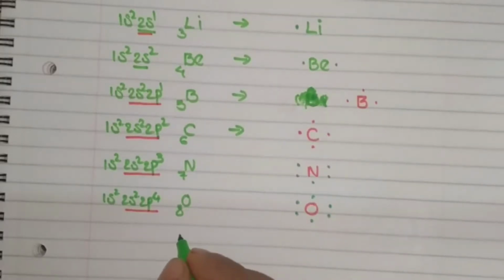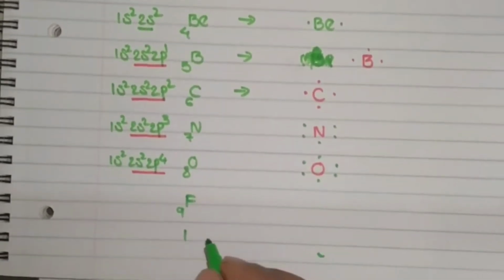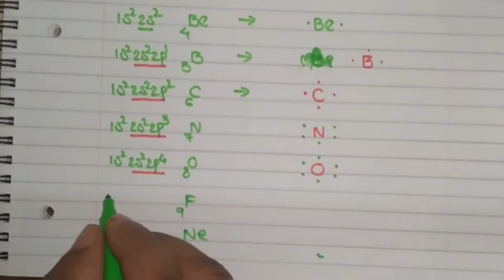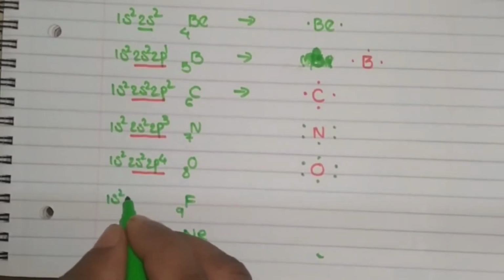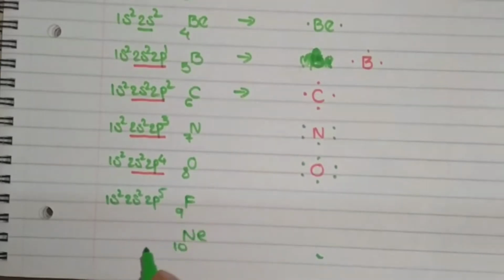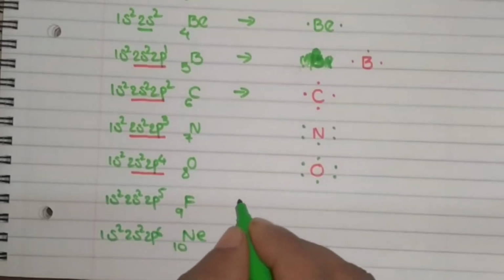The next elements are fluorine and neon. I want to write the electronic configuration: for fluorine 1s2 2s2 2p5, and for neon 1s2 2s2 2p6.